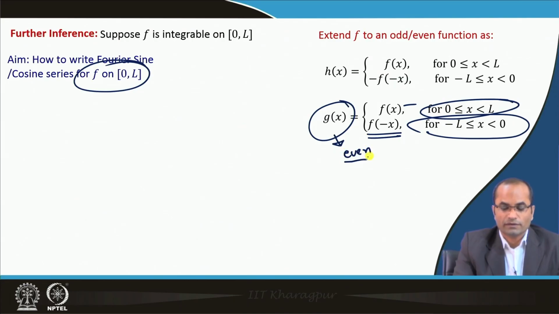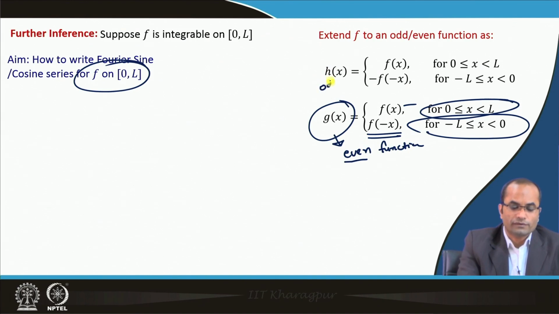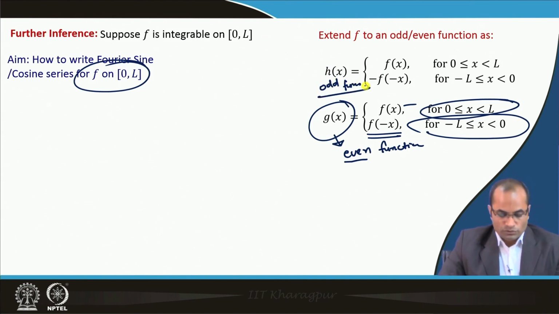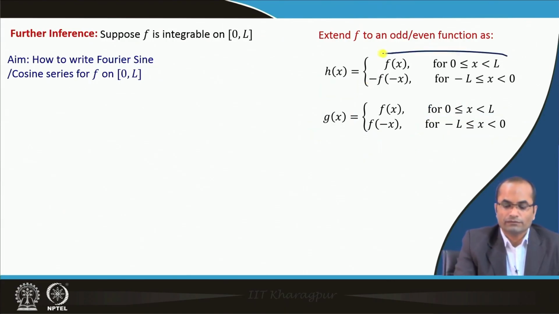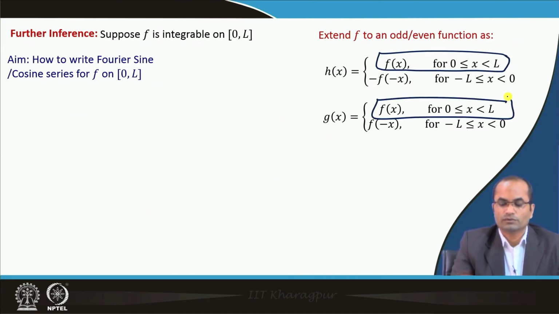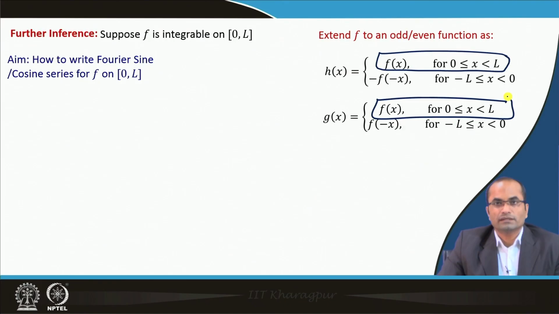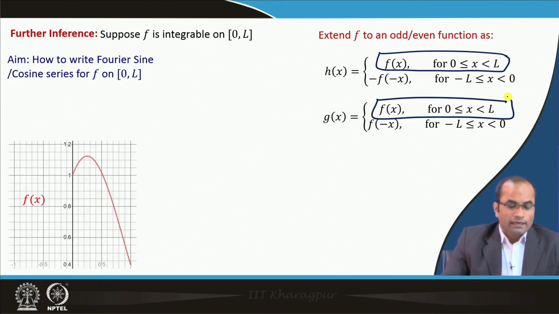So, this is an even function and this is an odd function. So, we can do such extensions of the function. The validity of our given function is there in 0 to L. Here also we have in 0 to L the given function.